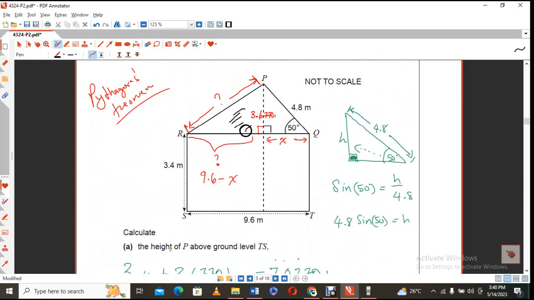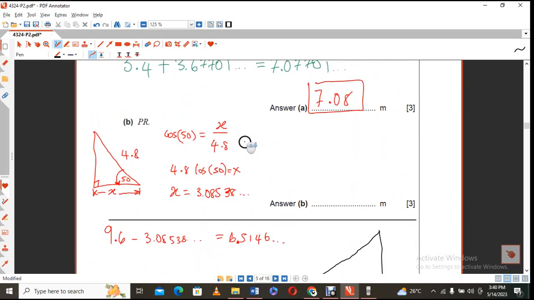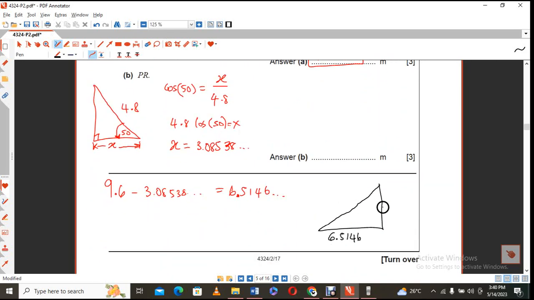This is the right angle triangle that I'm using. 3.67701. So this here is 3.67701, and that is right. And I'm looking for this distance here, which is PR. Okay, so I'll be using Pythagoras' theorem.